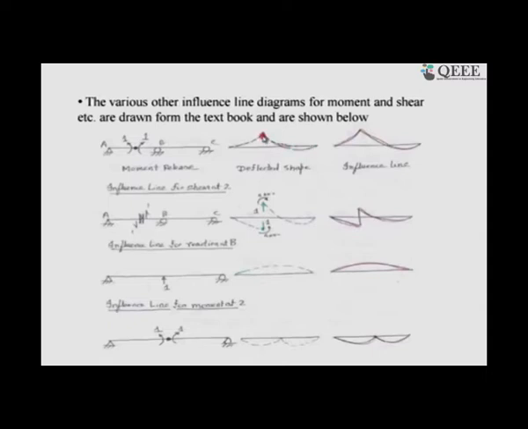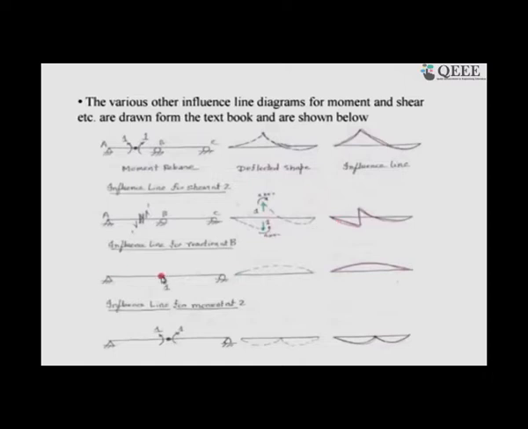But we have destroyed the moment carrying capacity here. That is why it will be judicious to follow this line, and this is the influence line diagram. And for shear capacity also, we are allowing the shear to happen, but we are not allowing any bending moment to happen. That is why if they are placed apart, a moment will act. But this deflected shape will give you the influence line diagram.